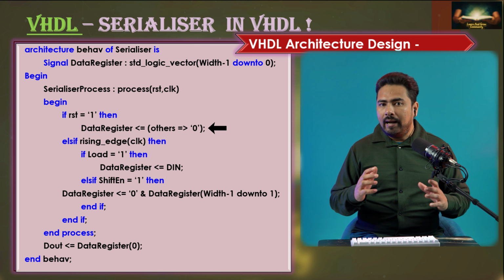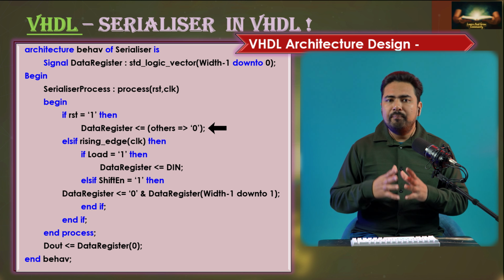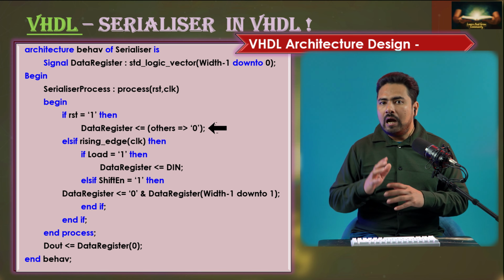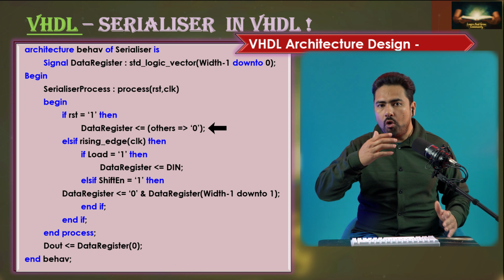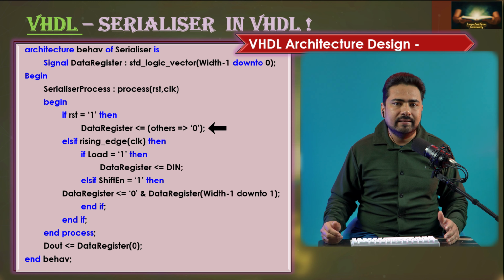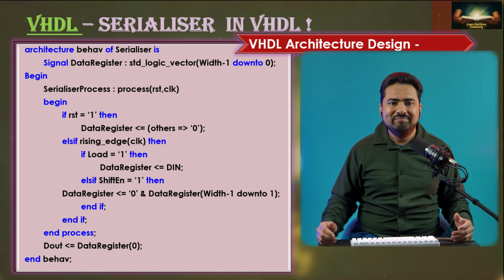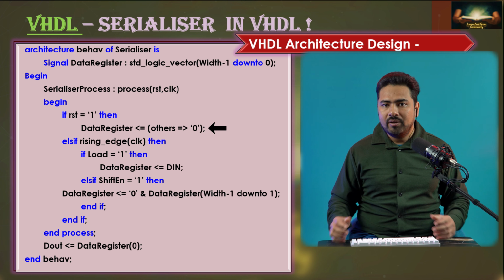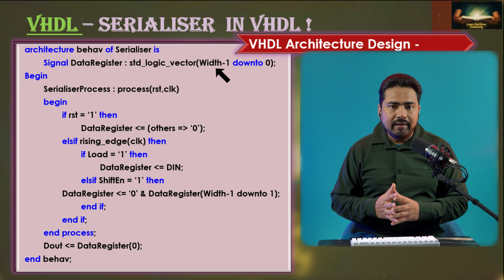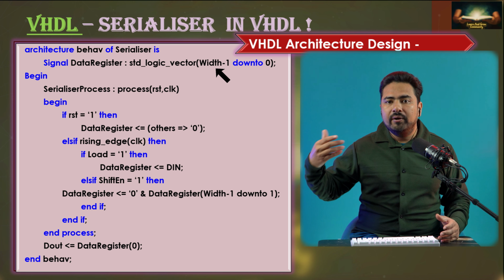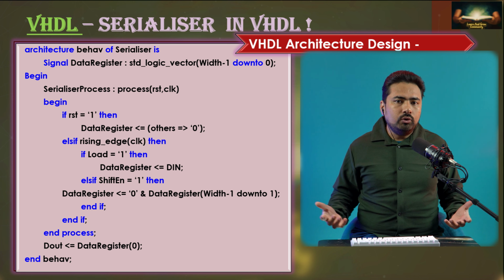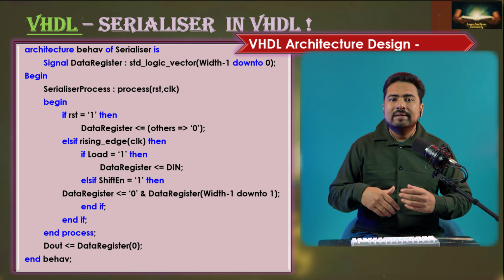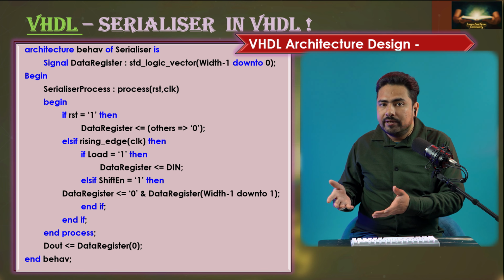I already explained this statement many times before, that it moves 0 to all the elements of a vector signal despite its length. You must know why we have used it here: because we used generic to adjust the width of the input signal, so we don't know whether it is 4-bit, 16-bit or 32-bit data.